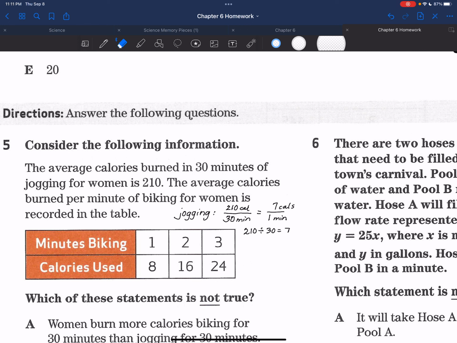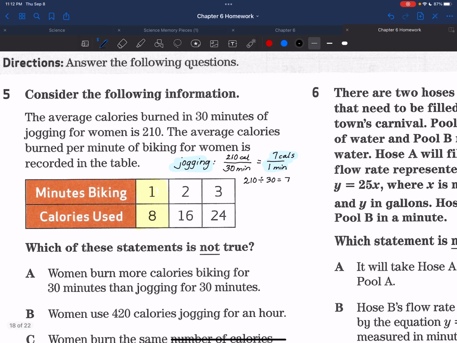So if you jog, every minute you jog, you're burning 7 calories. If you bike, you've got the unit rate. Let's just be sure it's the average calories burned per minute of biking. So it is. We want to be sure the units are the same. Calories to minutes. If you're biking, you're burning 8 calories per minute. So if you're jogging, you're burning 1 less calorie per minute. All right.